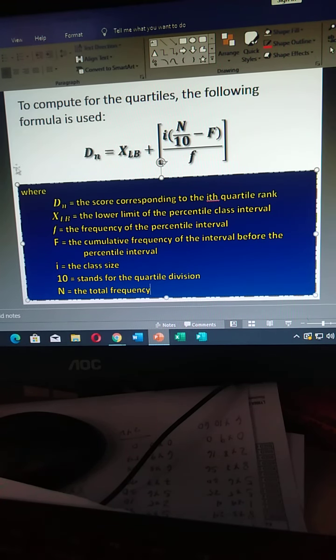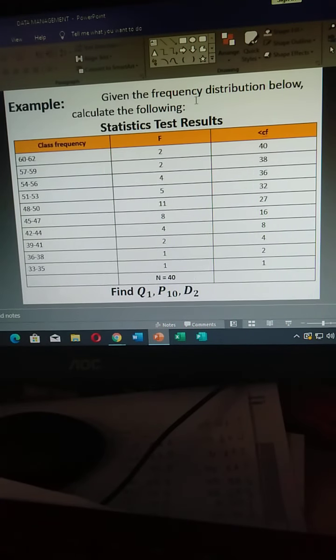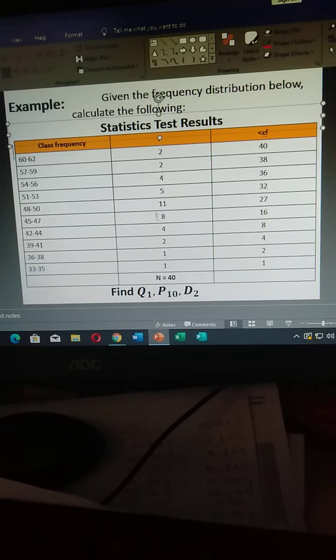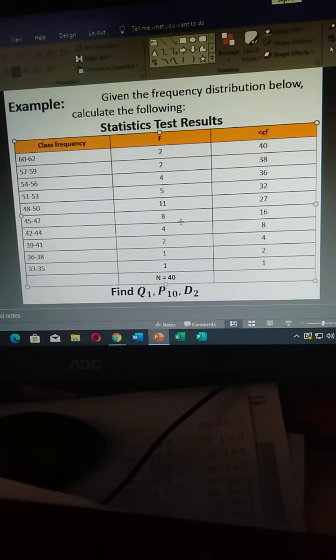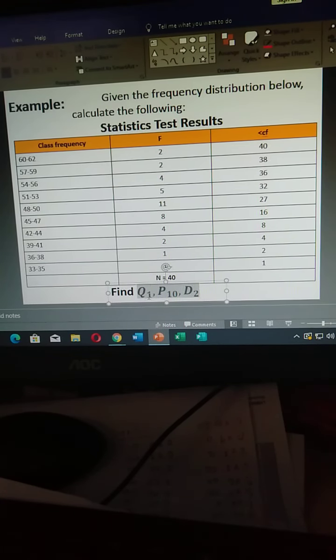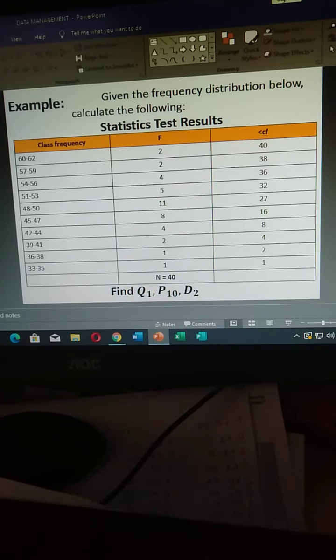So mag-example tayo. Okay, ito. So, given the frequency distribution below, calculate the following. Paano yan? Hinahanap natin, di ba parang sinabi ko noon na isang frequency distribution, at tatlo ang pinapahanap ko. Or, pwede ko pong ipahanap po dito, kahit sa table na to, ang mean, median, mode, standard dev, range, variance, Q1, P10, and D2.